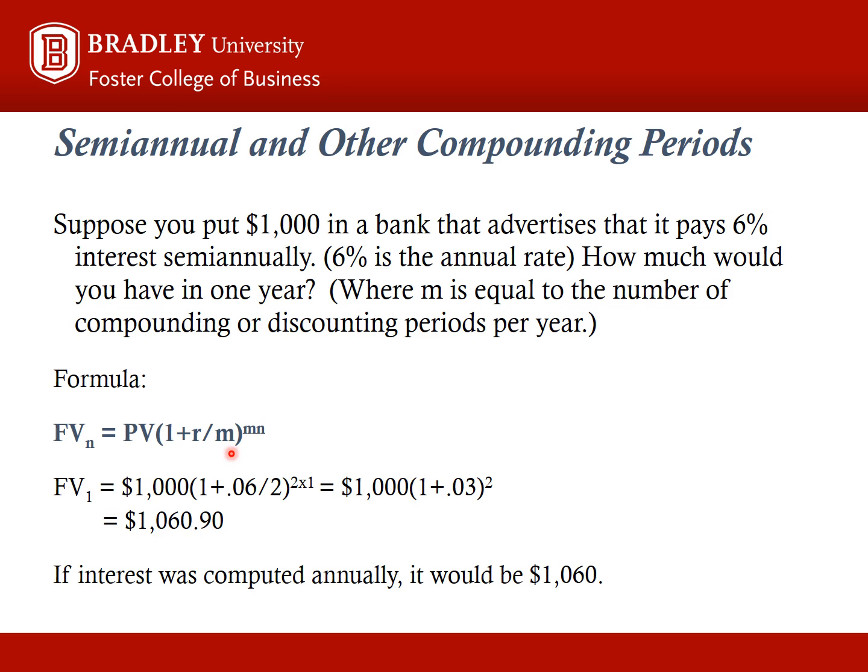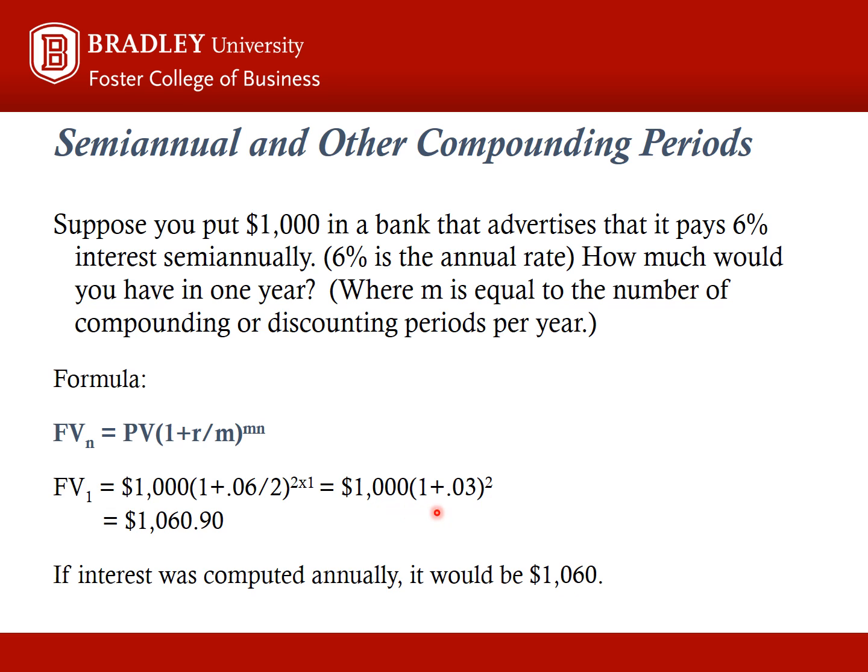And then we take the interest rate and divide by 2 and take the number of years and multiply by 2. So you'll see here our formula changes slightly, where we have our $1,000 principal times 1 plus the interest rate divided by M, or 2, raised to the M times N power. We're only compounding for 1 year or 2 6-month periods.